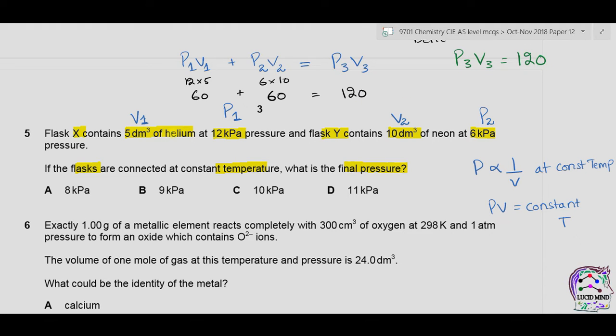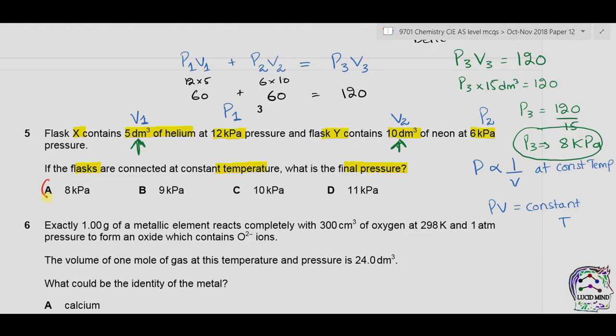Total volume is 5 decimeter cube plus 10 decimeter cube, which is 15 decimeter cube. So P3 into 15 decimeter cube equals 120, or P3 equals 120 divided by 15, which comes equal to 8 kilopascals. So this is the final pressure when both flasks are combined. Answer is therefore A.